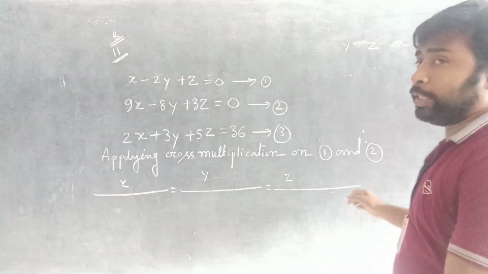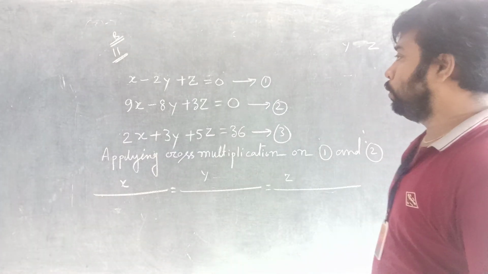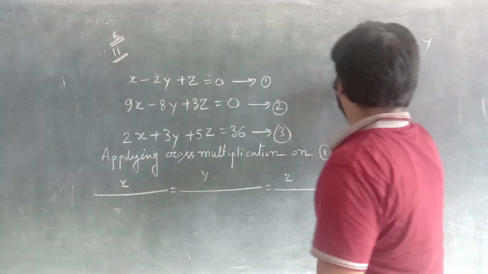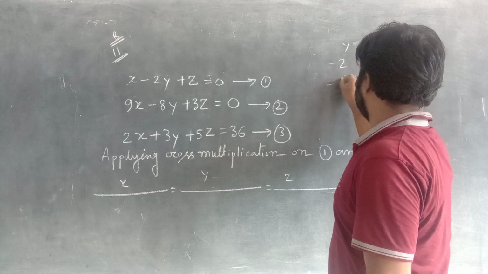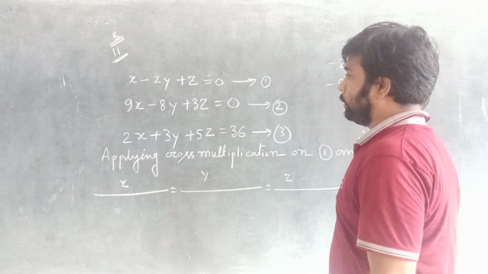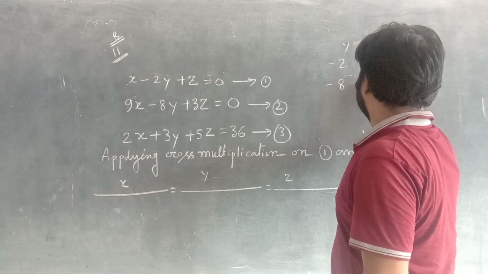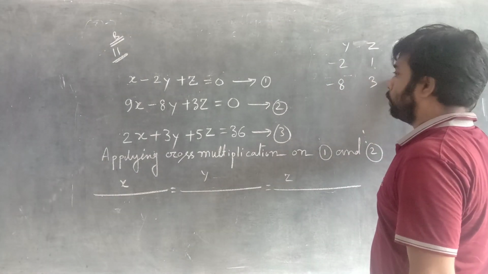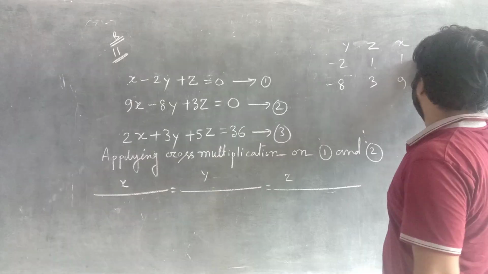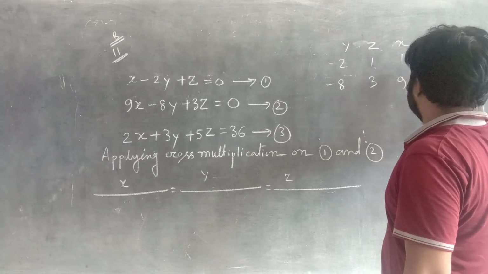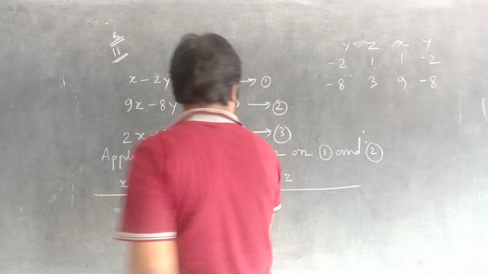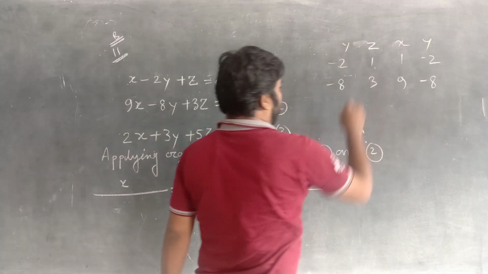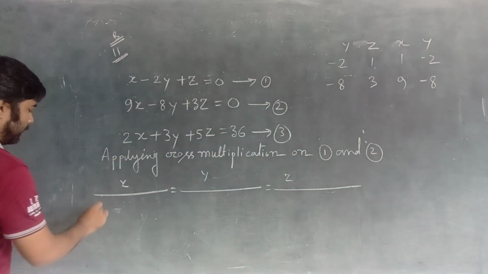So write down the coefficients. What are the coefficients? -2, -8. Next, z is 1, 3. Next, it is 1, 9. Next, it is -2, -8. So let us multiply. -2 into -3 is -6.